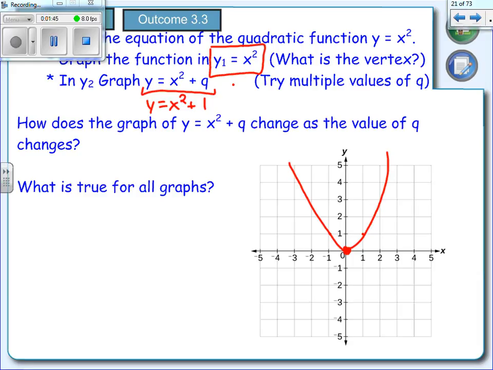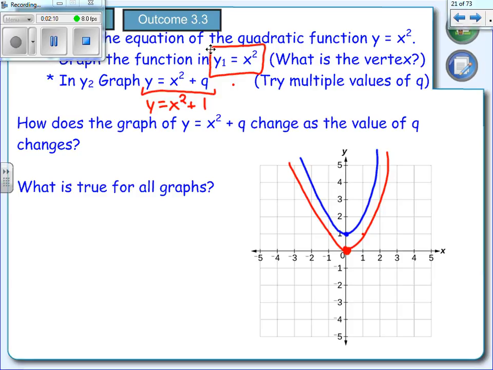If you put that in your calculator, you'll notice that your vertex has now moved here, and it goes up like that. It's still the same shape. The shape is just a little bit above the old shape, the basic graph.